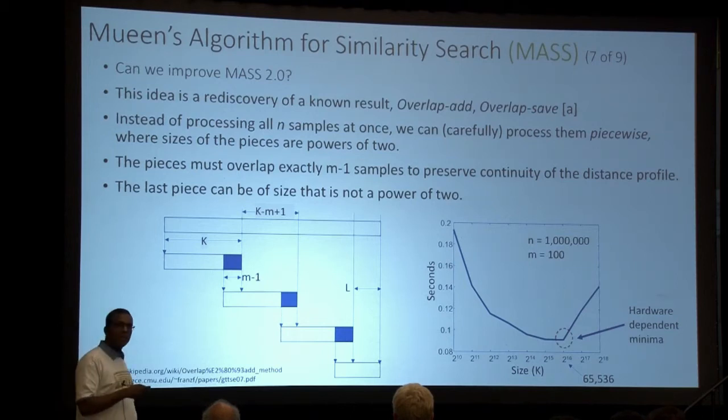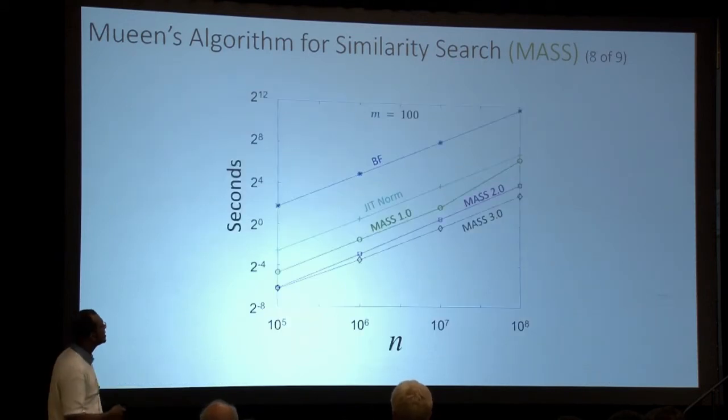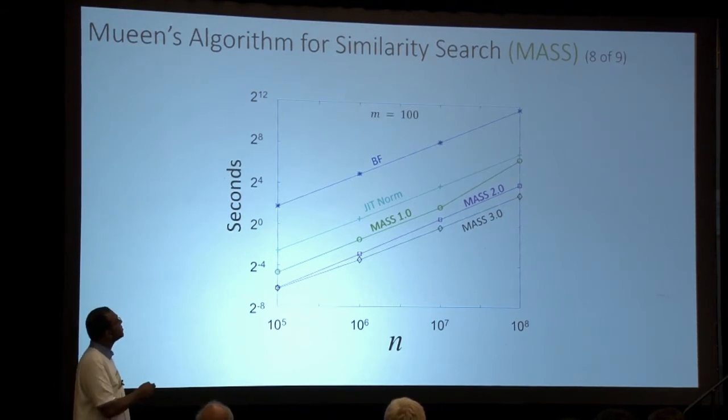But let's say we calibrate our system, our code, and find the best k. Then how much speedup does that get? This gives us MASS 3.0, which gives us a little bit in the log scale. That's reasonably good. So at this point, we started from here and brought it down to here, which for 100 million is 11 seconds in MATLAB.